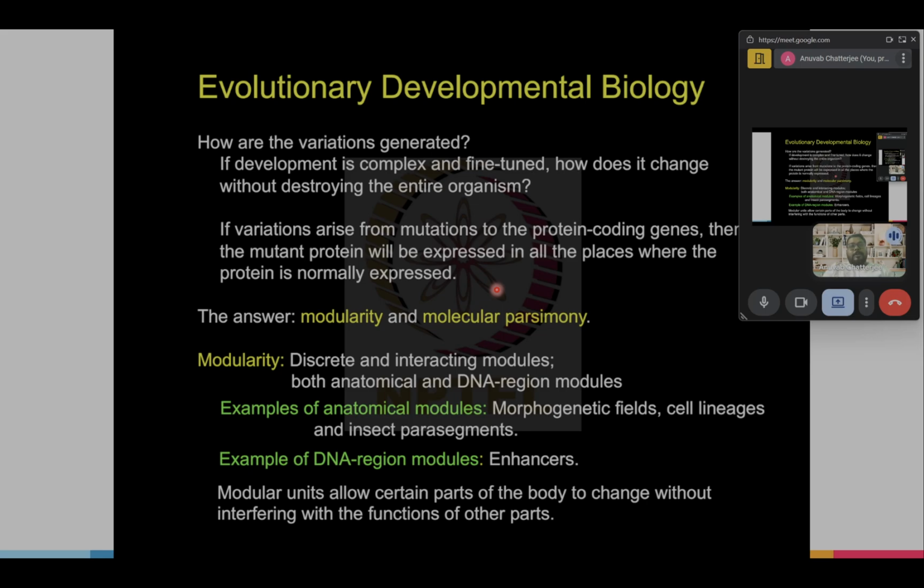If you cause changes in them, they also give rise to huge changes in the body plan, and that is all because these genes are so powerful, as well as so few of them, that you can tweak them around. But development has also figured out a way so that variations can be introduced without major problems.